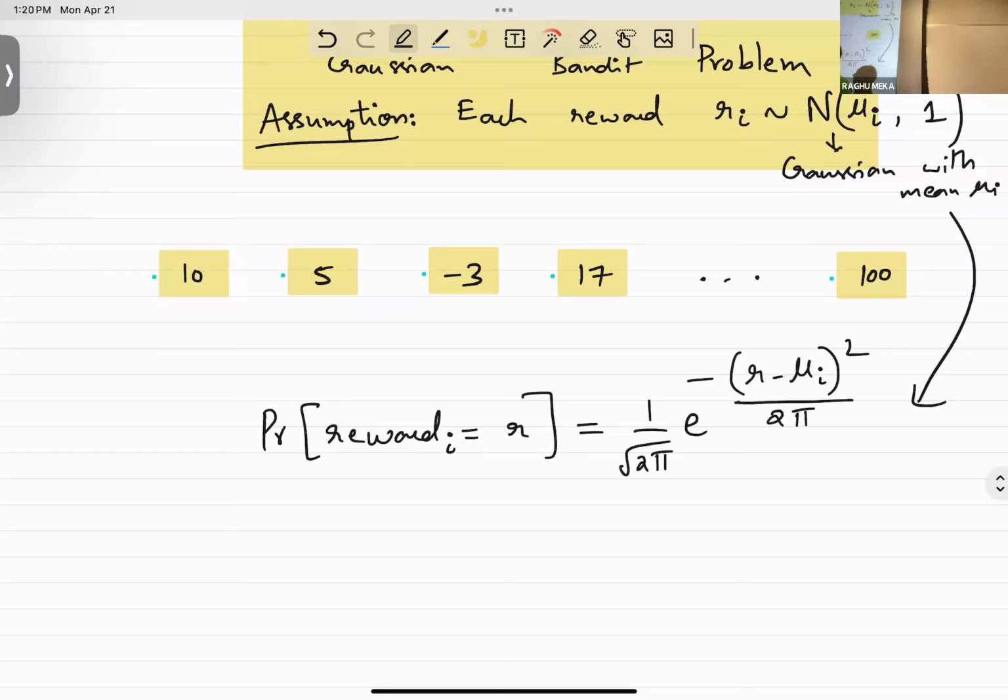So on one day it could be 10, the other day it could actually be 7, it could be 4. On an unlucky day, even if your mean is very high, you could see a low value. It's unlikely, but you could see a potentially low value. So we made two simplifications. One, we assume that the unknown distributions are Gaussian.